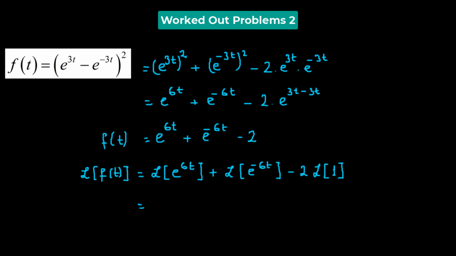So the Laplace transform of e raised to the power of 6t will be 1 over s minus 6, plus the Laplace transform of e raised to the power of negative 6t will be 1 over s minus of negative 6, minus 2 times the Laplace transform of 1, which is 1 over s.